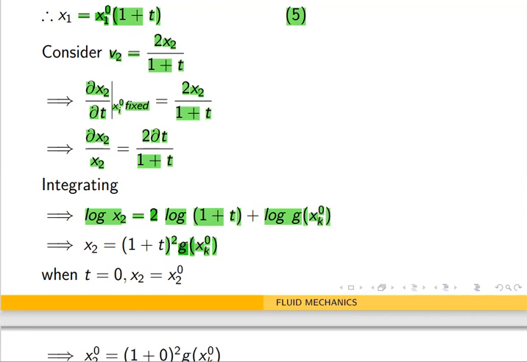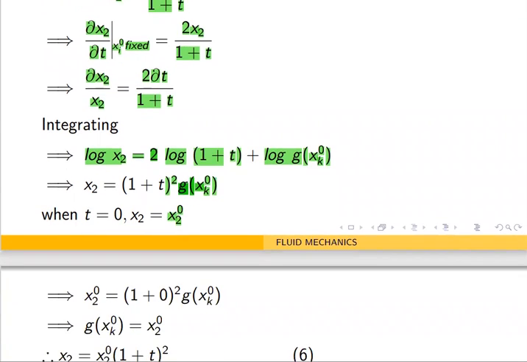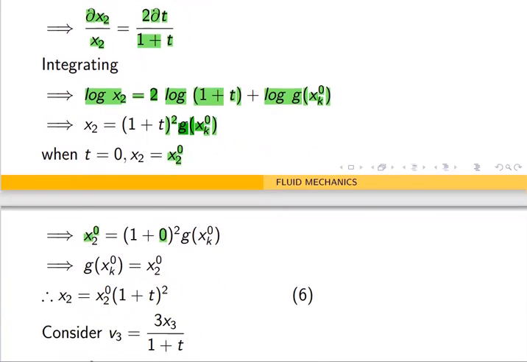Now to find this constant g of xk naught, we take when t equal to 0, x2 is nothing but x2 naught. Put t equal to 0 and x2 is x2 naught. So we get g of xk naught equal to x2 naught. Using that, we get x2 equal to x2 naught into 1 plus t the whole square.